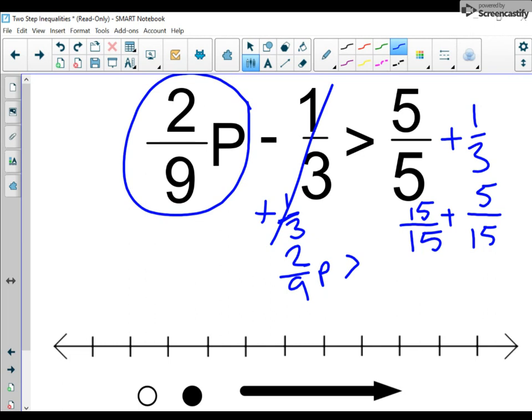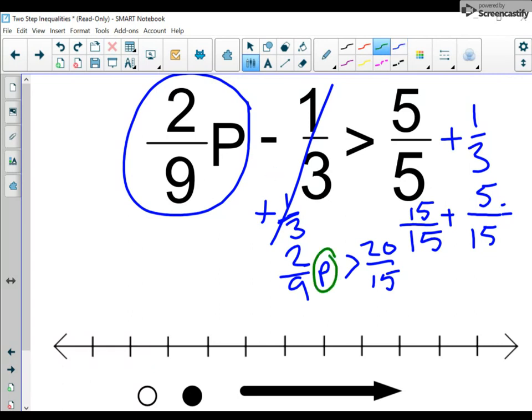So I have 15/15 plus 5/15, which will give me 20/15. We're just going to leave it as an improper fraction for the sake of keeping things in fraction form. Okay, I have 2/9 p is greater than 20/15.